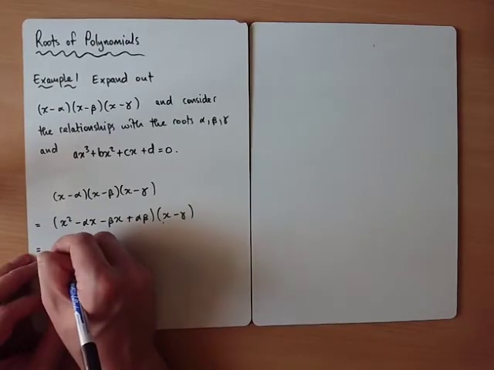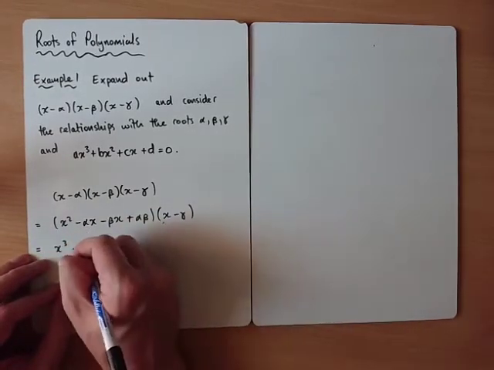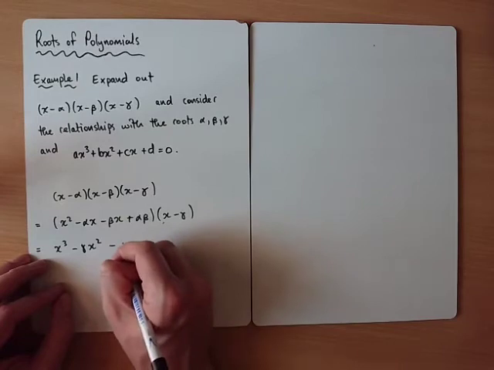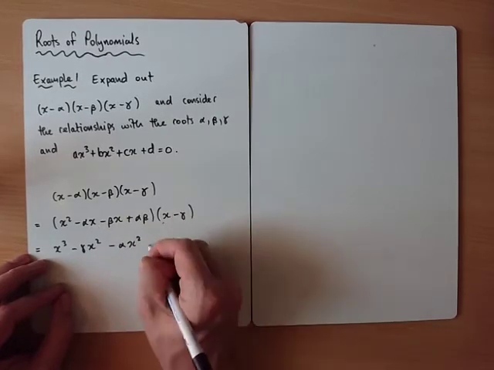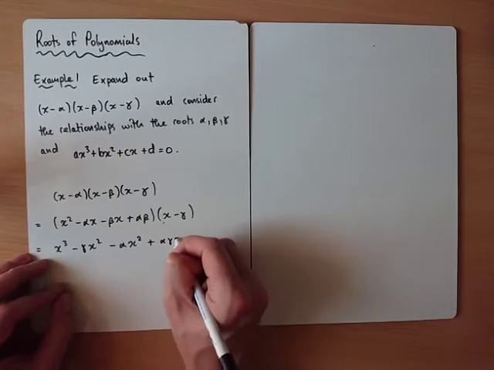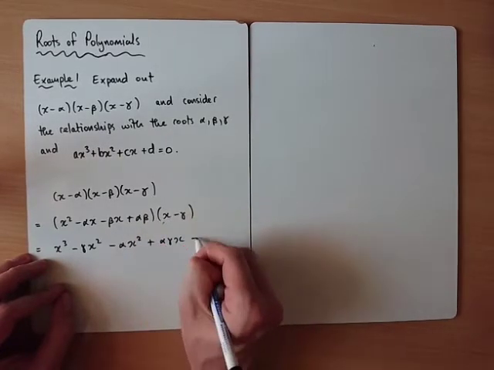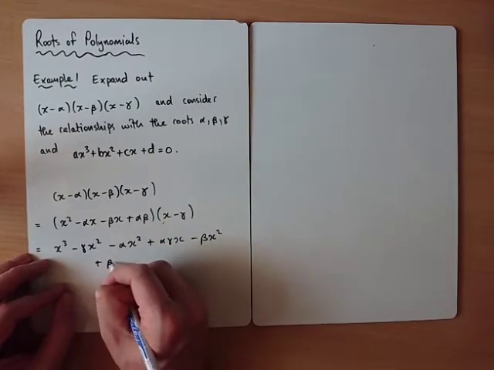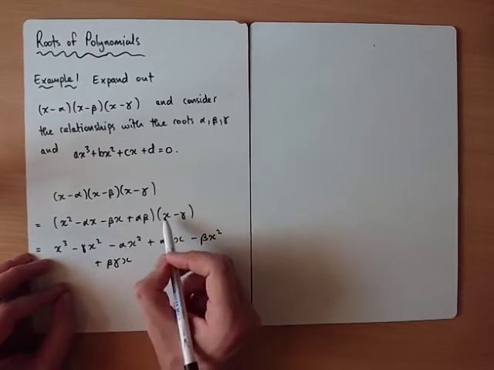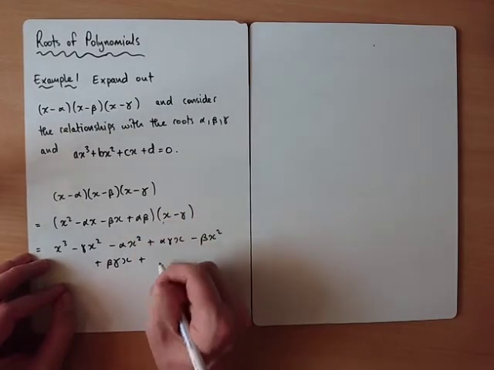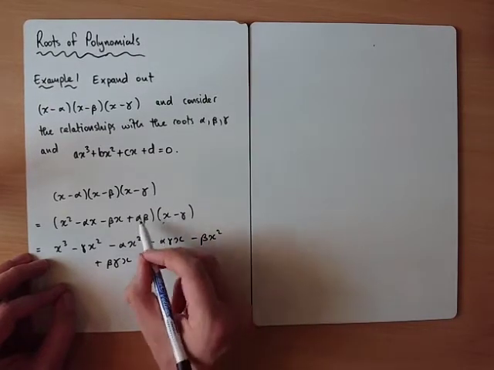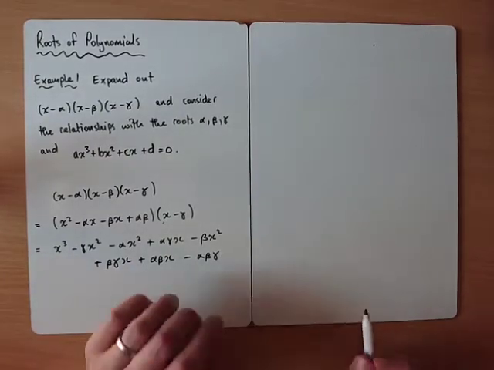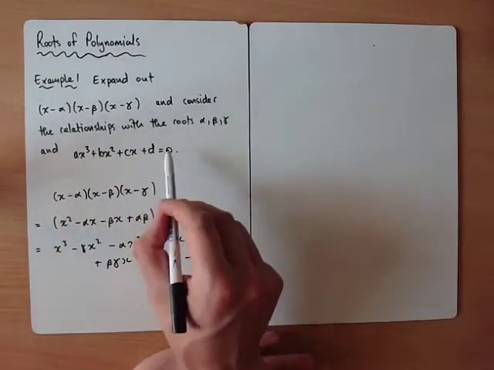We're going to get x cubed minus gamma x squared minus alpha x squared plus alpha gamma x minus beta x squared plus beta gamma x plus alpha beta x minus alpha beta gamma. Okay, remember we're trying to compare it with this general form of a cubic.